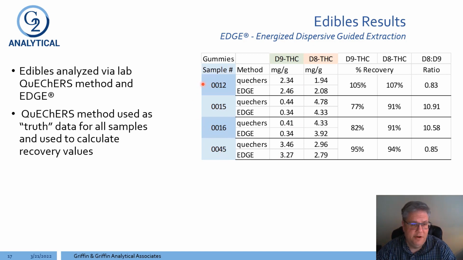And this is on purpose. They're actually going back and fortifying these samples with hemp-derived THC. And we're able to see that. And I threw the ratio of D8 to D9 up over here because you can quickly pick up on which one's been fortified and which one has not, looking at the ratio.